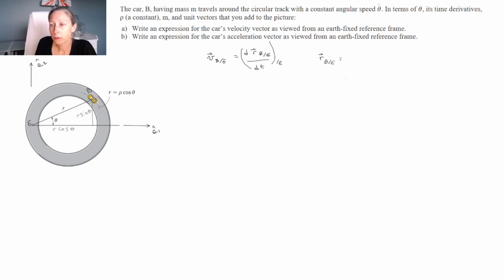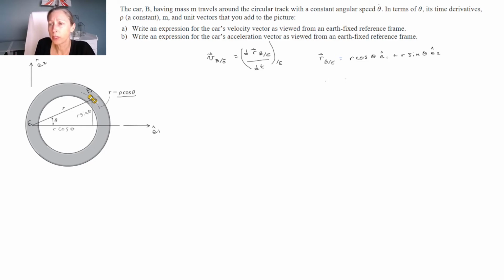So the position of B with respect to E is r cosine theta E1 plus r sine theta E2. But remember, we have a little bit more information about r. We know that it's rho cosine theta, and rho is a constant.